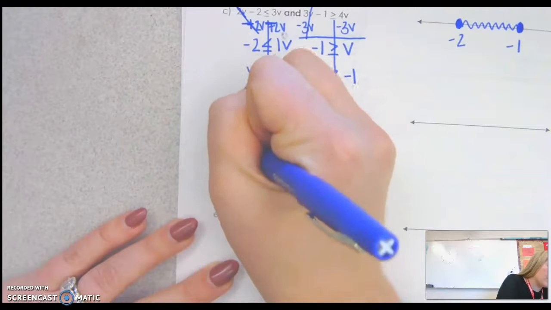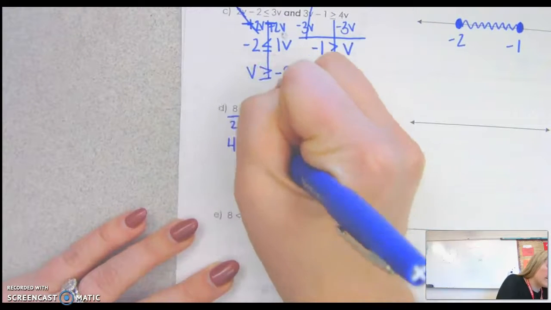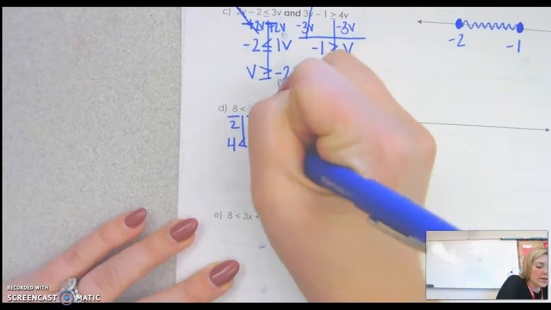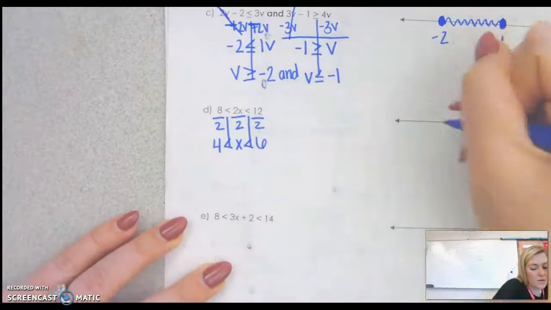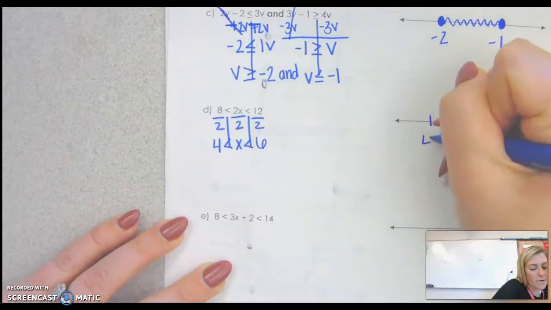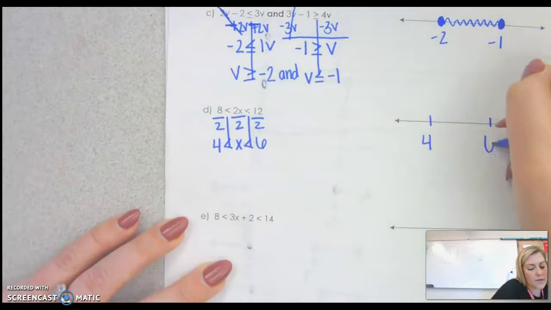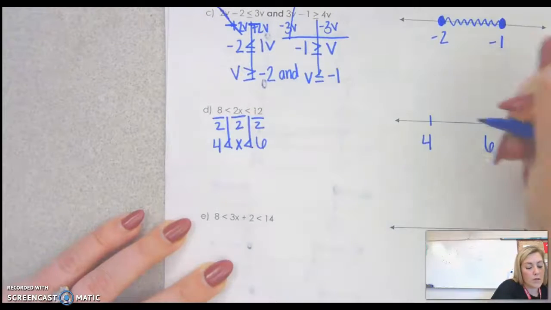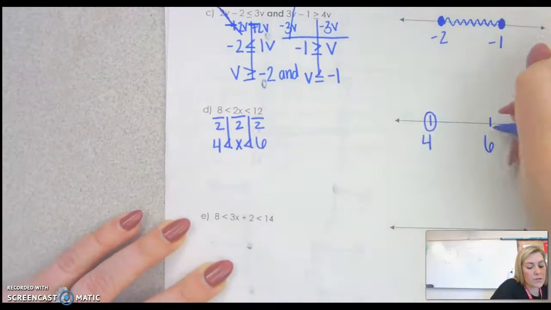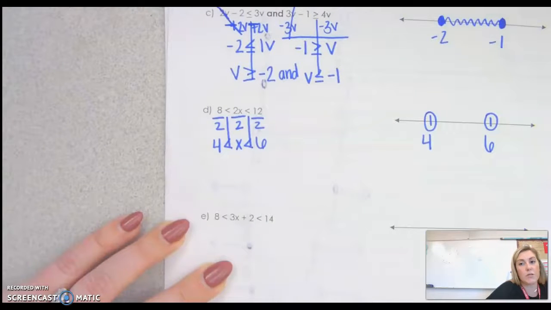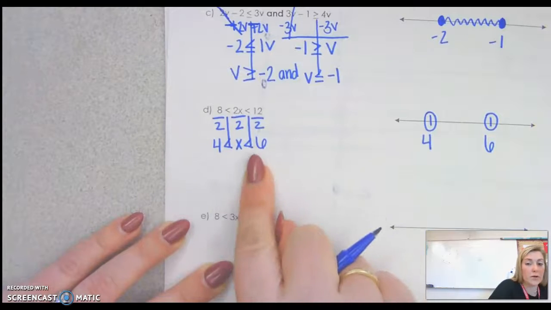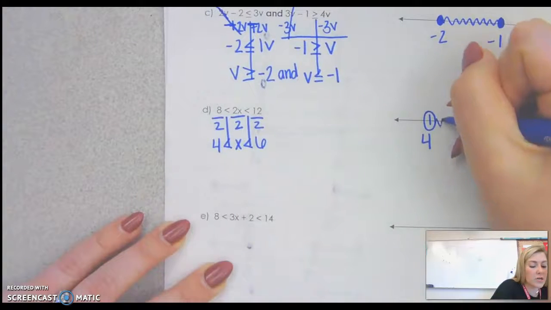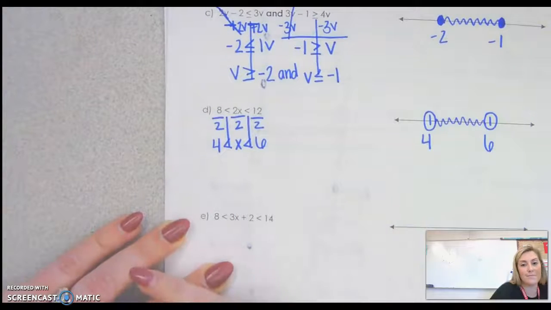So I'll get 4 is less than x is less than 6. And then I'm going to come over here and graph it. So I have a 4 and a 6. They're both open circles, so that's how I would do it if I graphed them on a number line. And then since it's and, there's no actual word here, so we know it's an and, I shade in the middle.